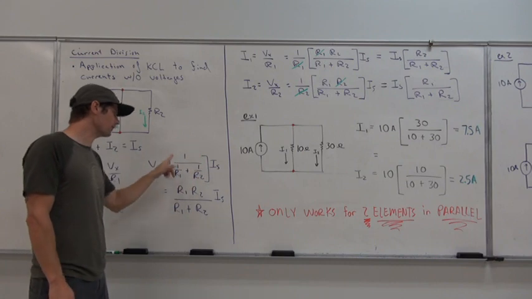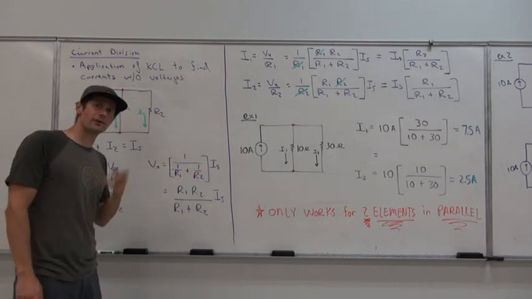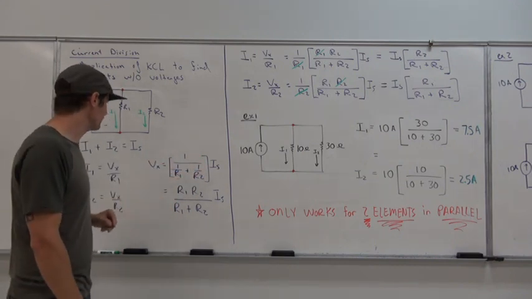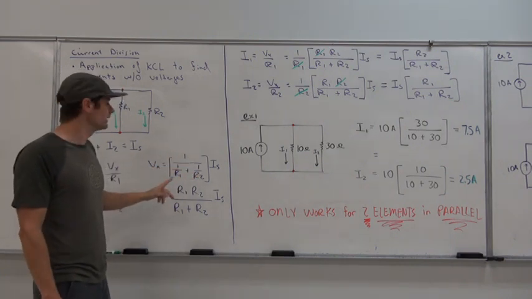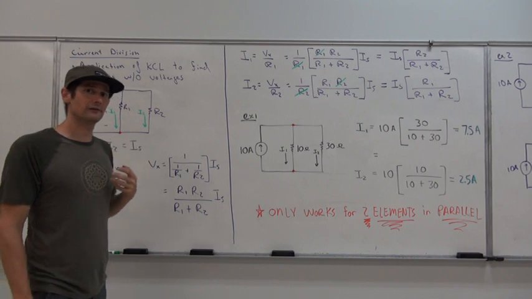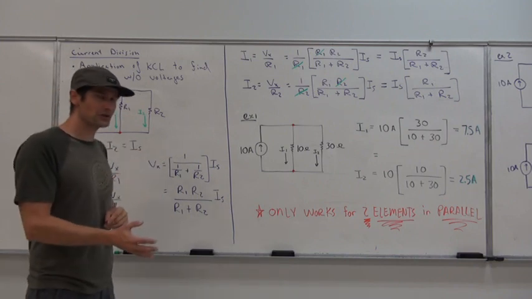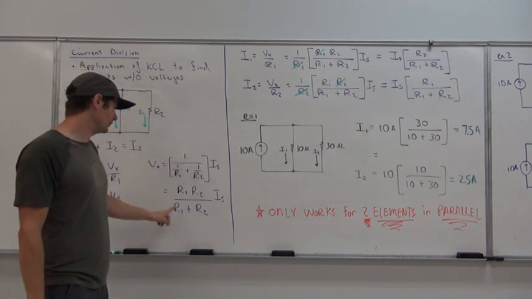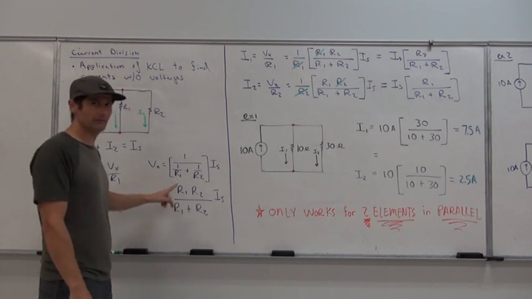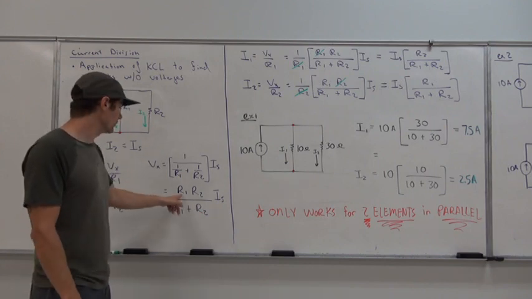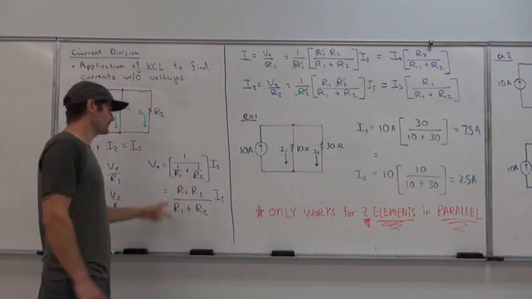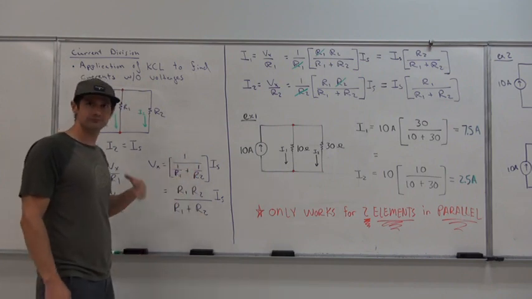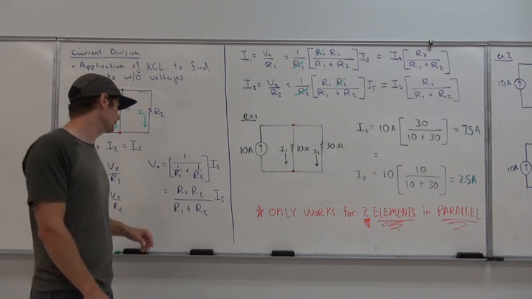Remember, this form is for the equivalent resistance of these 2 elements in parallel, and I stress that students use this form. But for the sake of developing this current division tool, I'm going to break it down into the other form that most people will see in the book: R1 times R2 over R1 plus R2. That's nothing more than this form reevaluated to an equivalence.